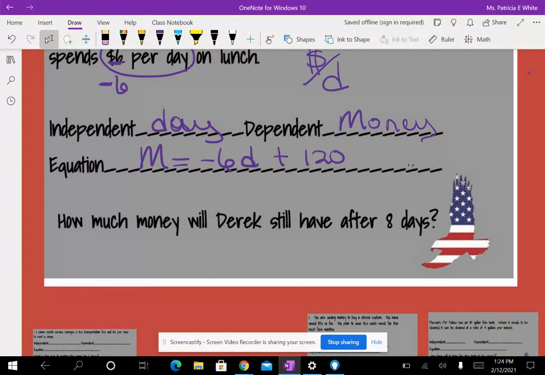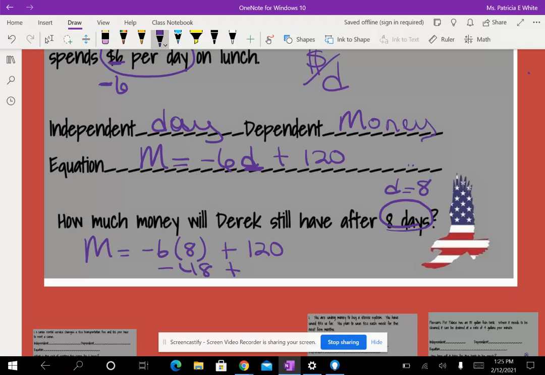How much money will Derek still have in 8 days? Well, that is 8 days. So D, my D right here, is equal to 8. So I have to say money equals -6 times 8 plus 120. And what is -48 plus 120?